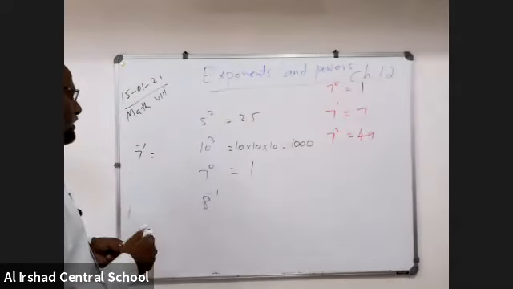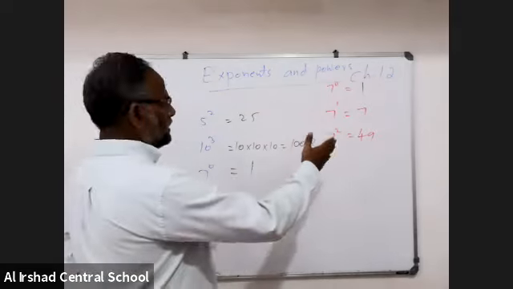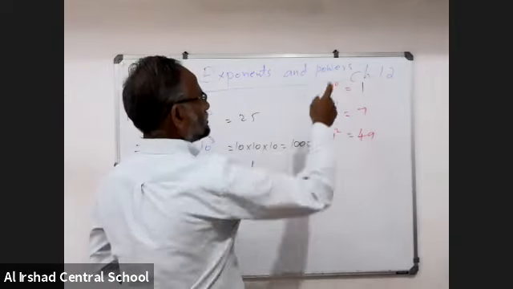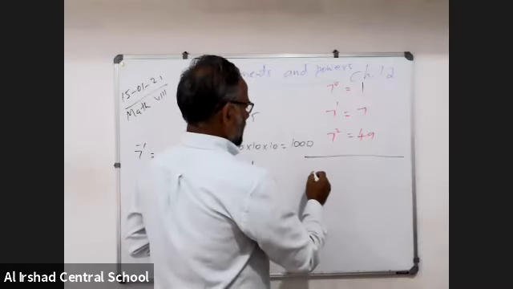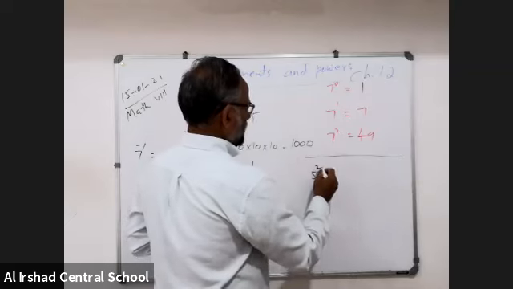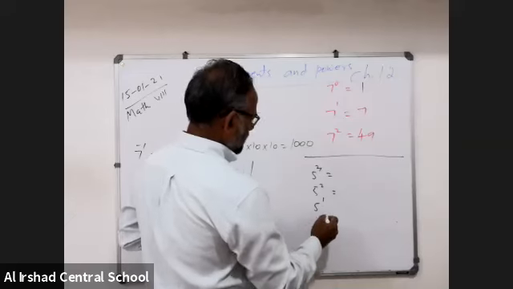Any idea? Okay. So if you are going like this, you know it will be small. Here I am writing again. Instead of this 7, please listen to me. I am writing 5 cube, then 5 square, then 5 to the power of 1 or 5.